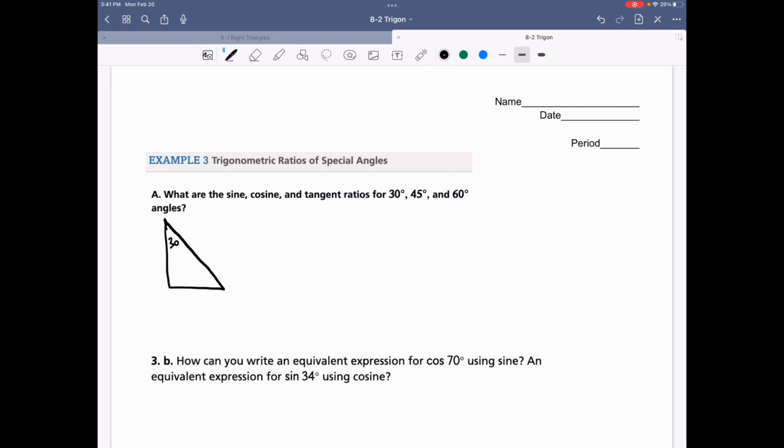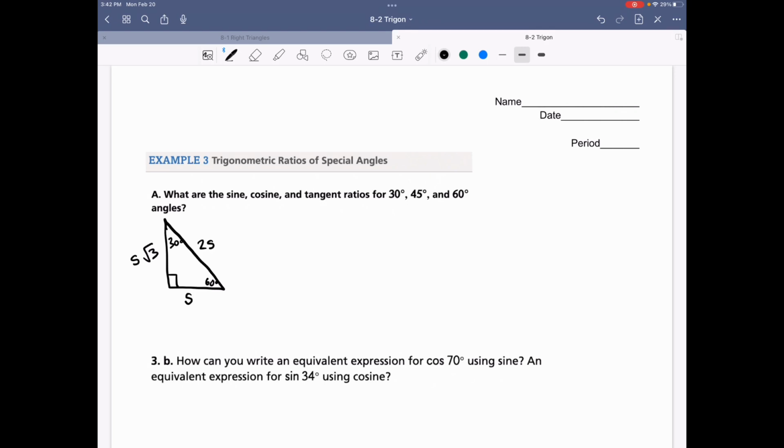30, 60, 90 degree triangle, where again we have s, 30, 60, 90, s, s√3, and 2s. See, I have to sing the song to be able to know what they are.